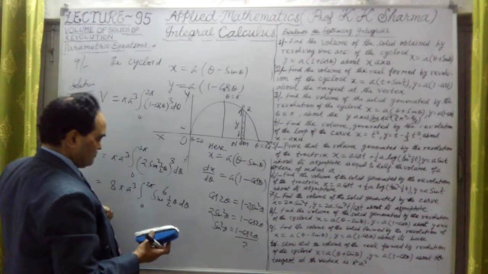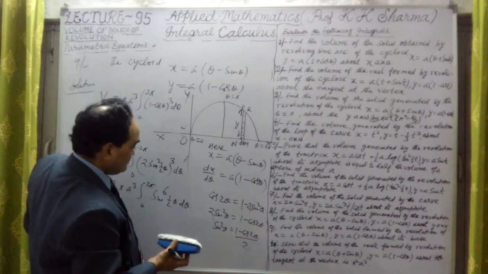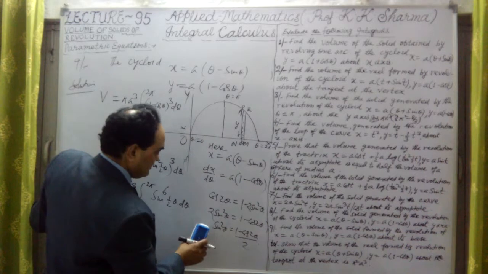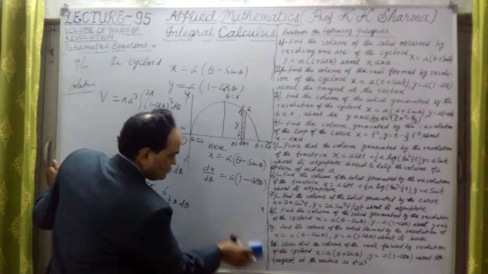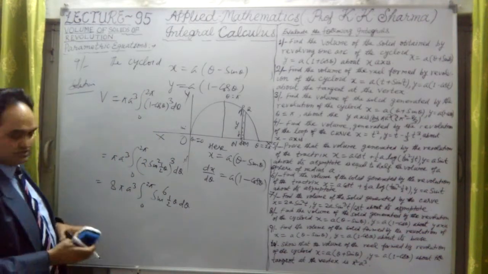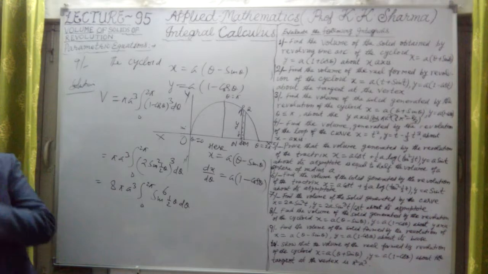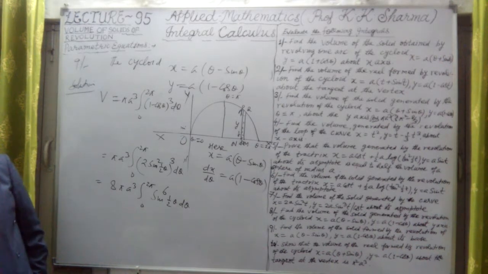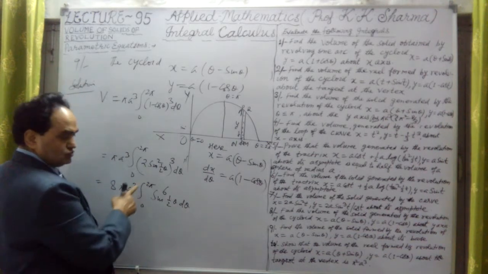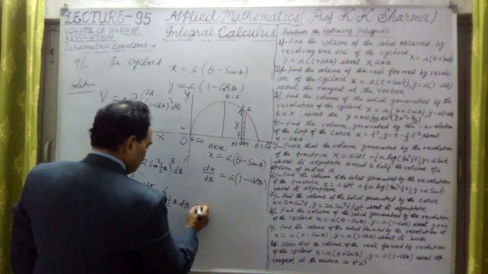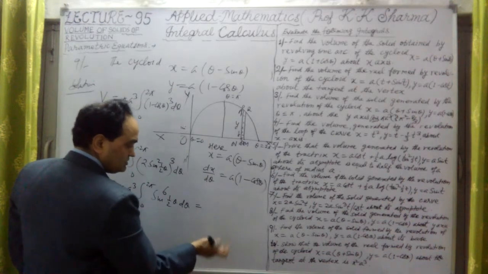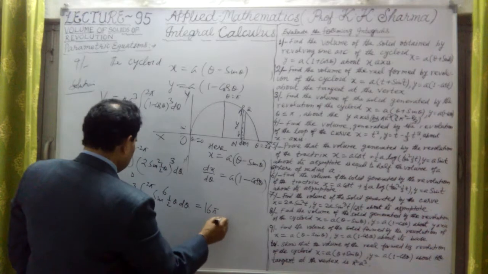The limits are 0 to 2 pi, and if I take twice 0 to pi, it can be integrated. So sin 6 of half theta, it will be twice 0 to pi, because we know that if it is 0 to 2a, we can write it as 16 into pi into a cube.